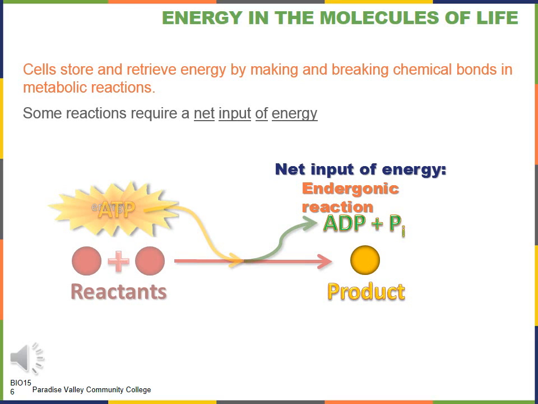And so when we take in energy into a chemical process, it's called an endergonic reaction, which is just a long, complicated word to mean that we are taking in energy. Energy is going in to the actual chemical reaction.